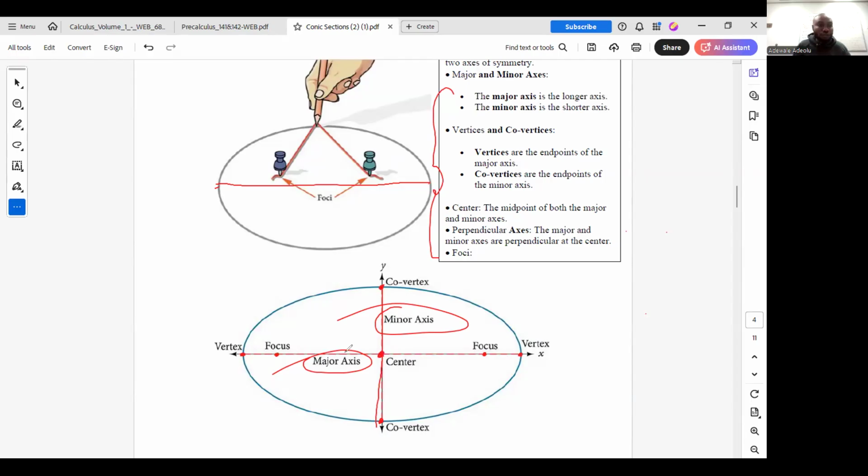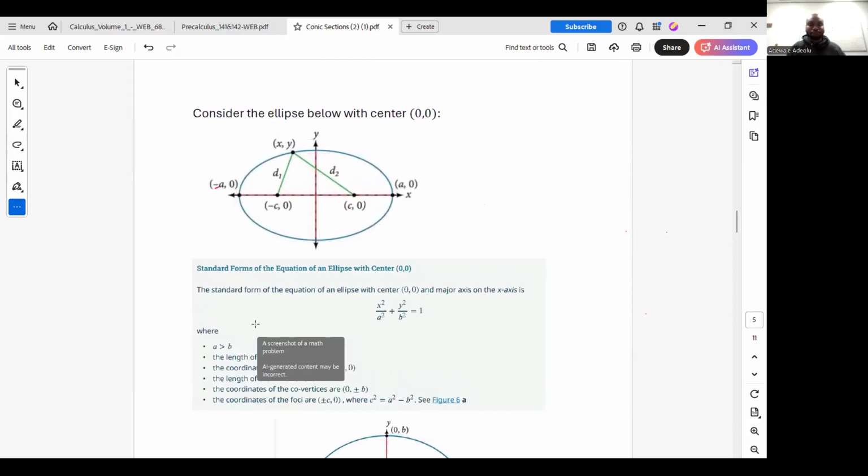Now, what I want to do is just to show you briefly the general form of the equation of an ellipse. So let us see how that comes into reality.